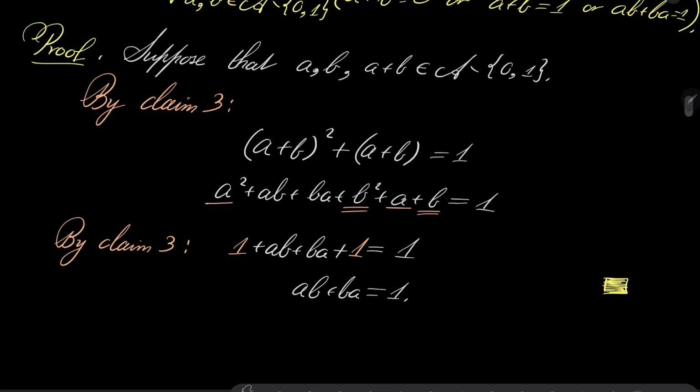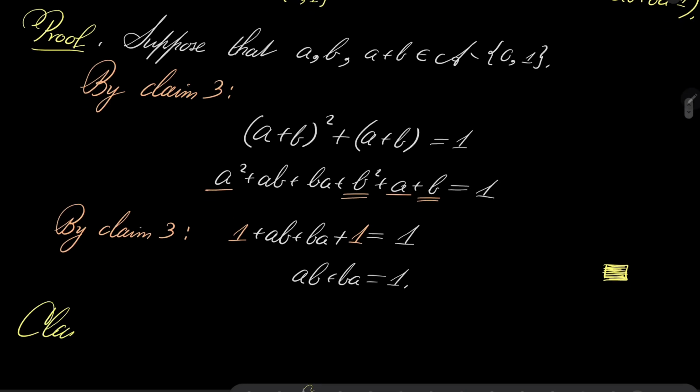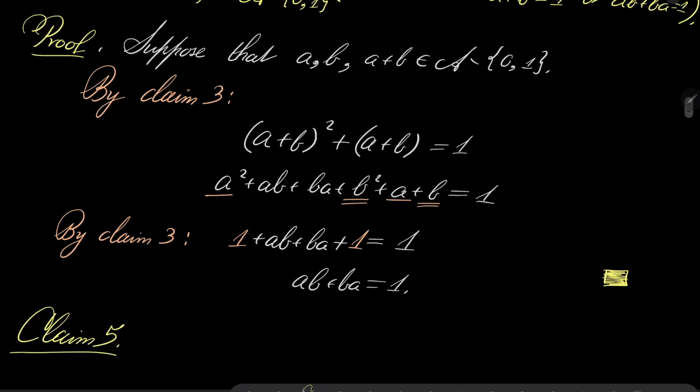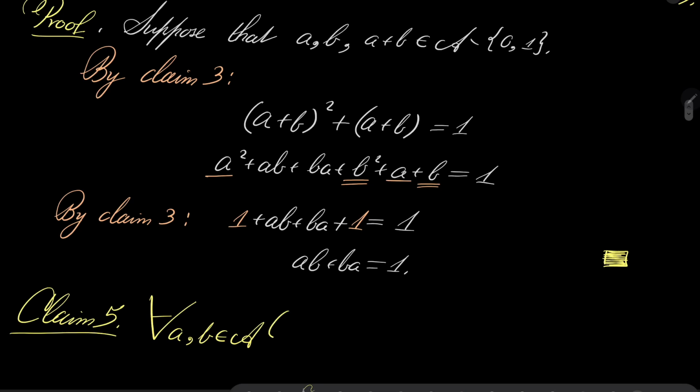All right, and now, my last claim, probably last, we'll see, is that for every A and B in our ring, which are not 0 and not 1, either A plus B is 0 or A plus B equals 1.